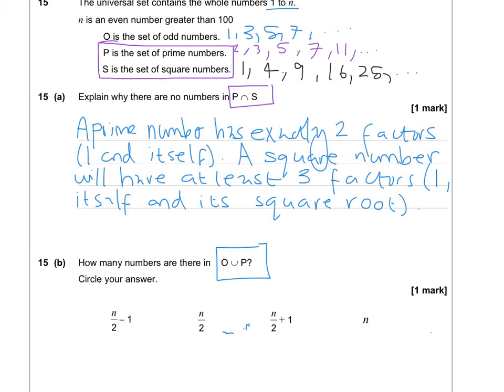So n over 2 odd numbers must be included in this set here. But we also have to account for the prime numbers too. Now, all of the prime numbers are odd apart from 2, which means that we have n over 2 odd numbers in this set, plus one even number, which is 2, which also happens to be prime.